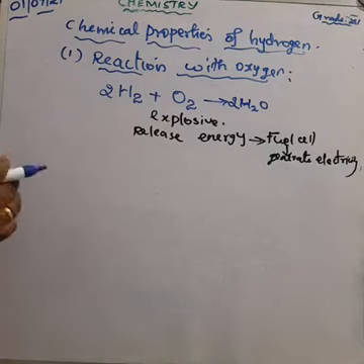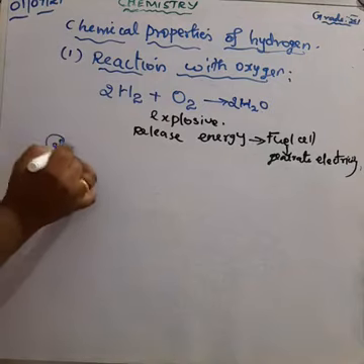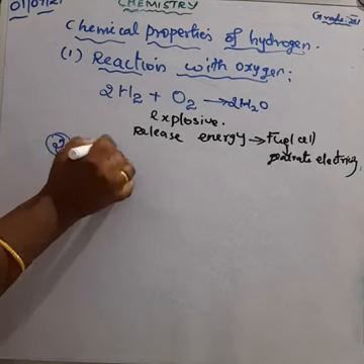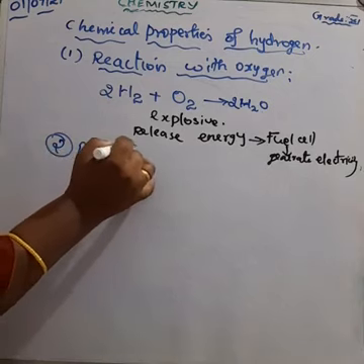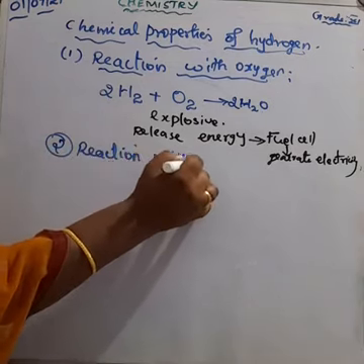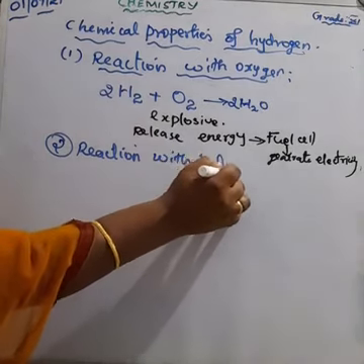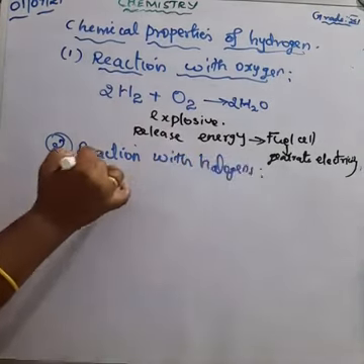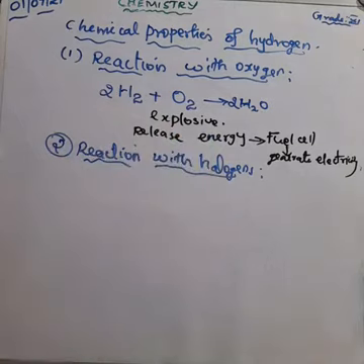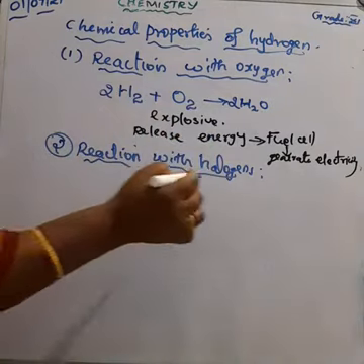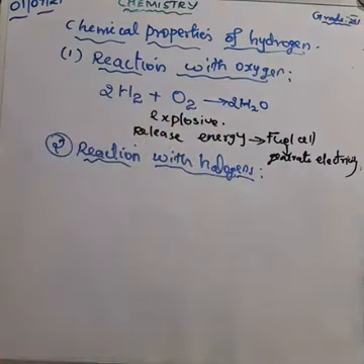Then reaction with halogens. When hydrogen reacts with a halogen, it gives the corresponding halides.